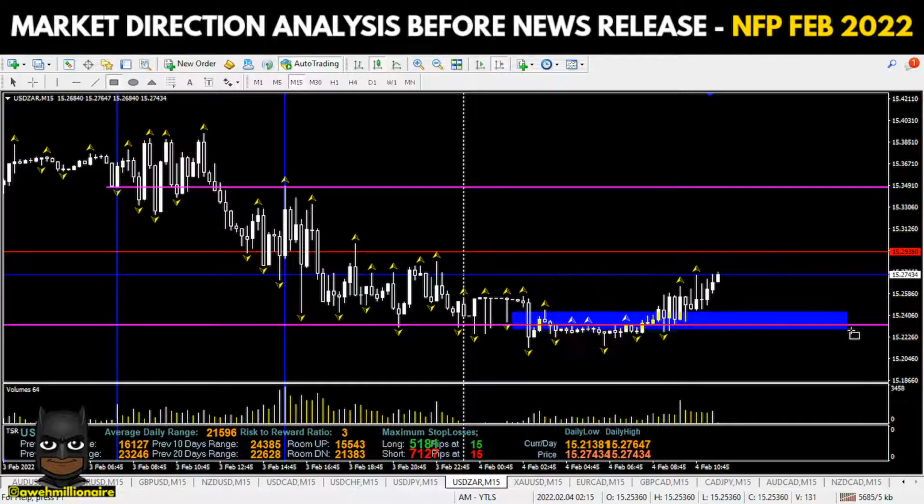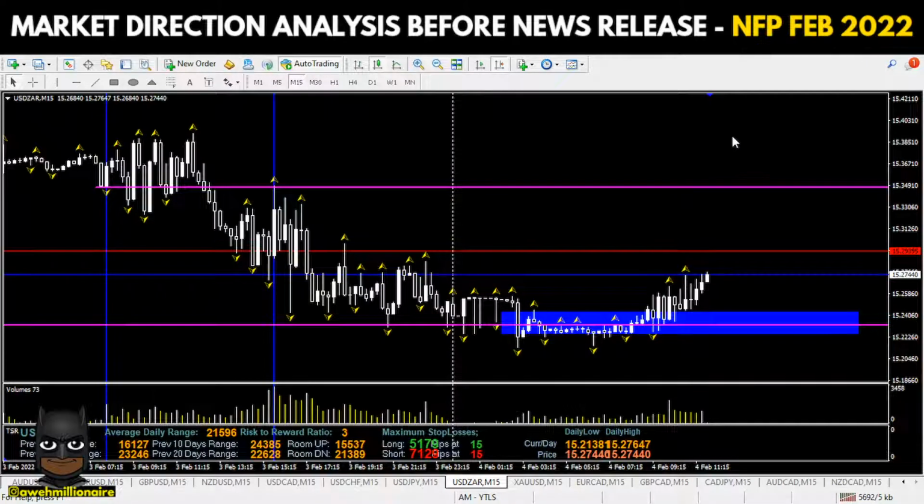But if price is still moving in a range here on the demand level, then I'm going to look to buy from here. Okay, so don't want to get in too early. We'll have to wait and see as close as possible to the news if the setup is still valid.